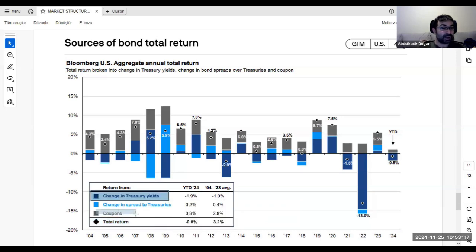And as you see here, most of the income is coming from the change in treasury yield and the coupon payments, right? Coupon payment means if I put $1 million in the 10-year treasury yield, each year they are paying me a coupon. At the end of the 10 years, I'm getting my $1 million again. But if I wait 10 years for just 1 million and I get the same money, is it fair?